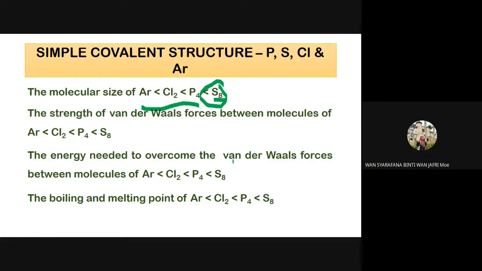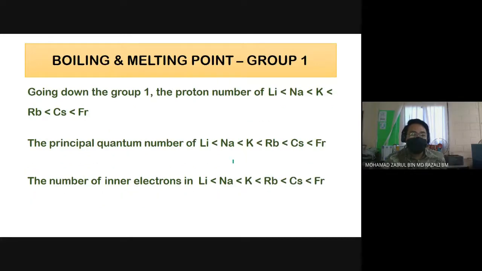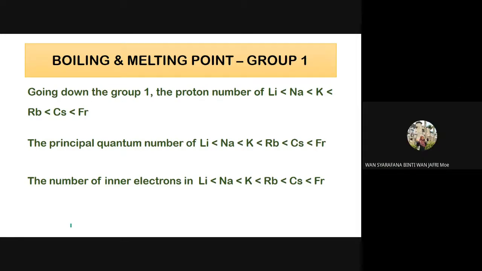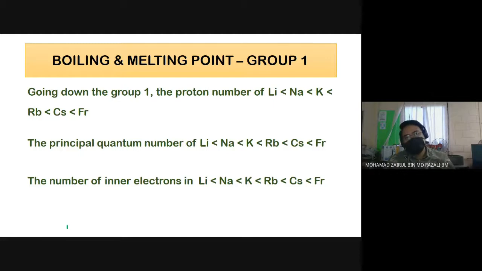Okay, sir. Okay. Going down the group 1. Okay, group 1 ni metal kan? So, group 1 ni metal. So, kalau metal, dia mesti ada metallic bond. Okay, apa jadi dekat size going down the group? Increase. Okay, size increase. So, size increase, force of attraction decrease ke increase?